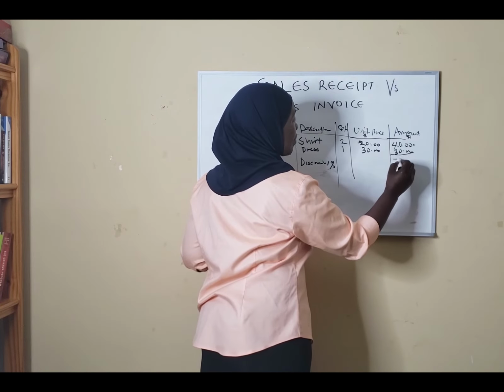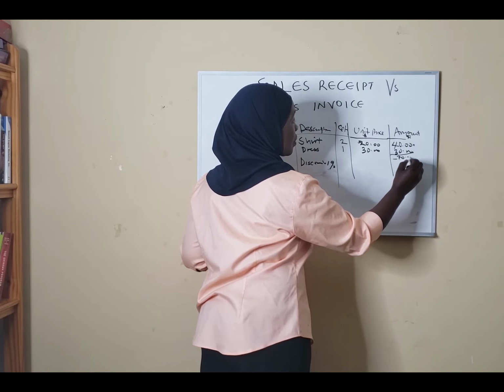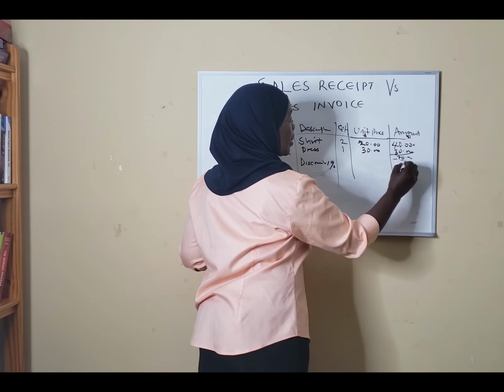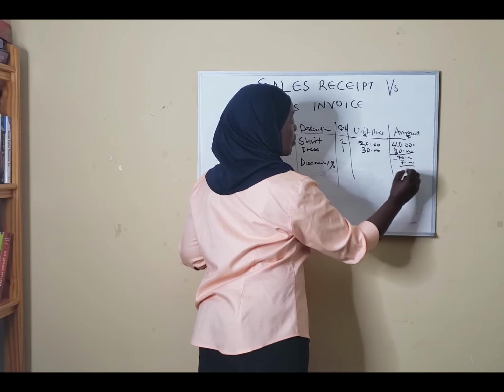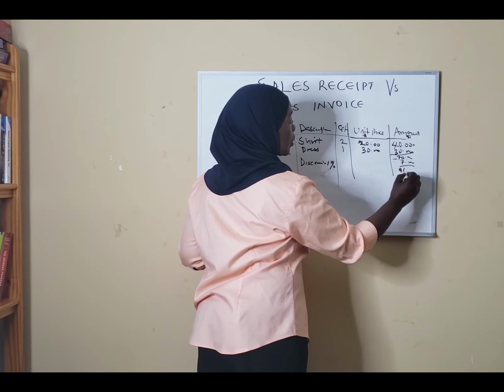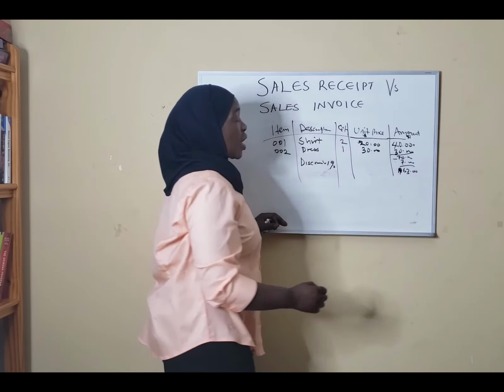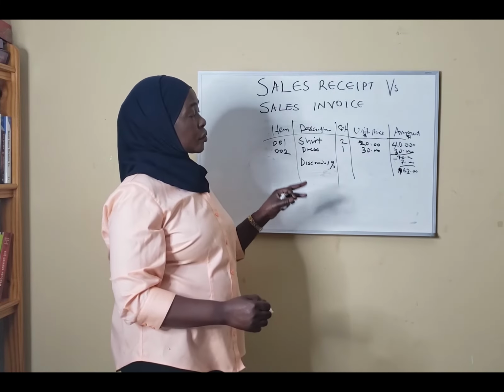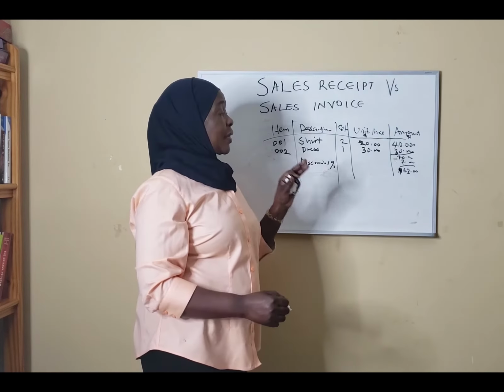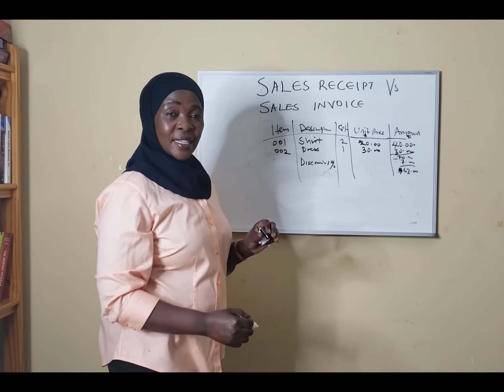So here we had 70, and take off 10% and it becomes 63. Those are dollars. So 63. That would be the amount before taxes.